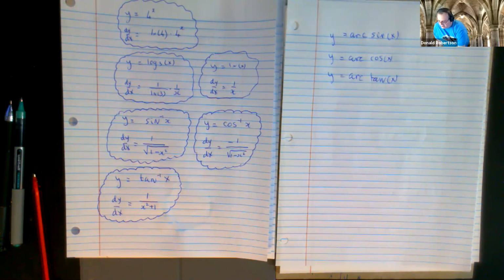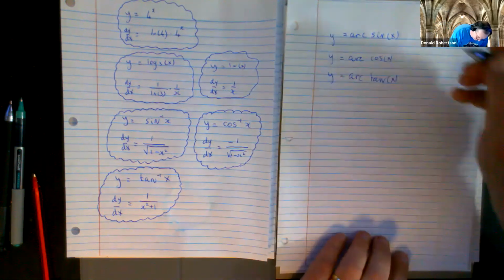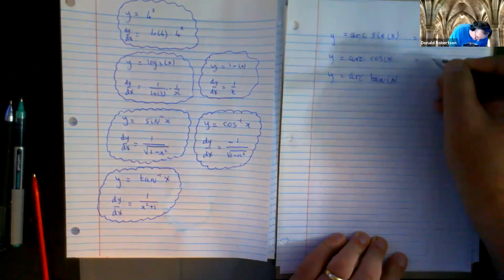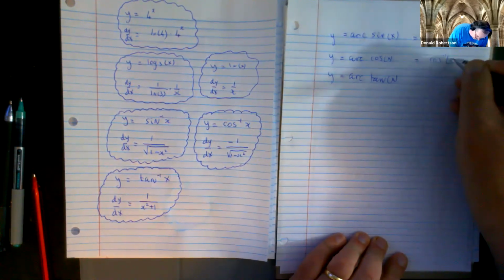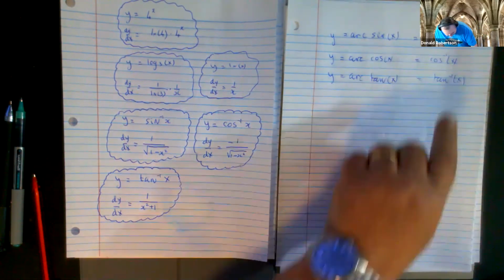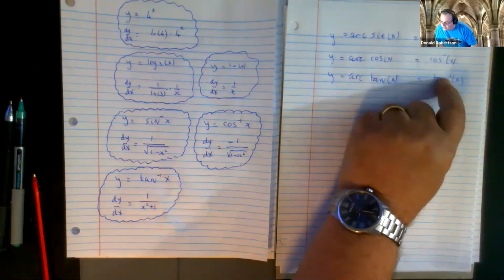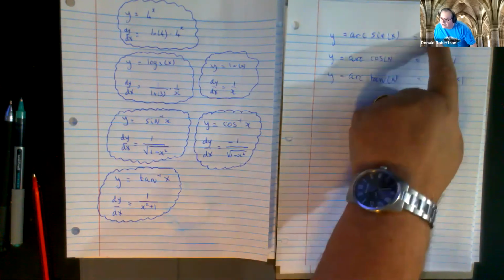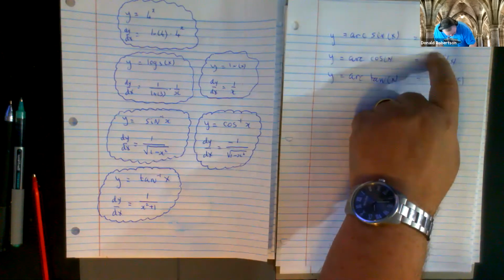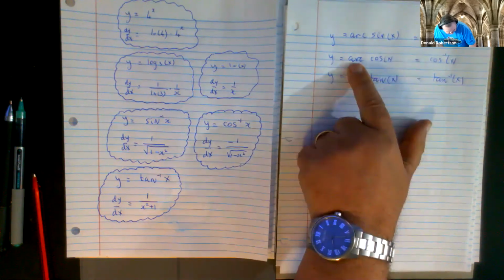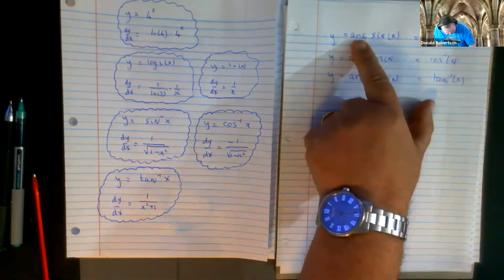Do you know what they are? They're just another name for inverse sine of x, inverse cosine of x, and inverse tan of x. And that -1 is not a power, right? It's just a symbol that represents an inverse function, right? So inverse sine, inverse cosine, inverse tan. So arc tan is this fella, arc cosine is this fella, and arc sine is this fella.